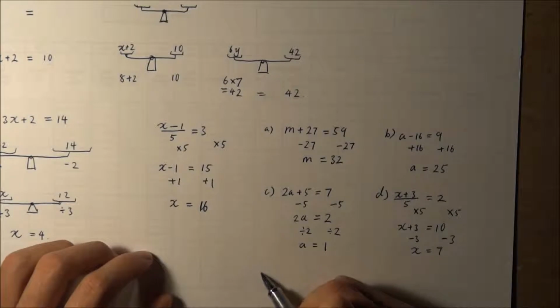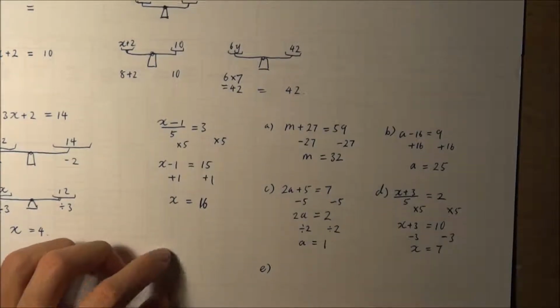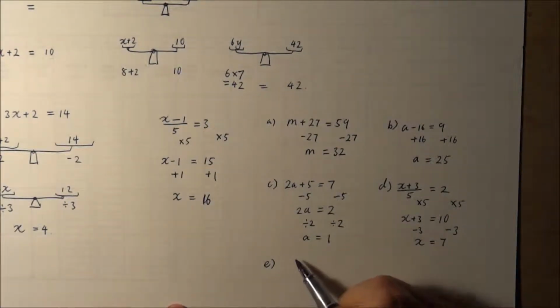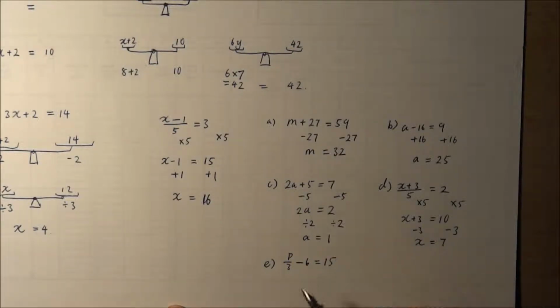And next one, we have p over 3 minus 6 equals 15. We cancel out the minus 6 by plus 6, with plus 6 here as well, so we have p over 3 equal to 21. Then we cancel out the 3 here by multiplying by 3, which we have to do to the other side as well. And we end up with p equals 63.